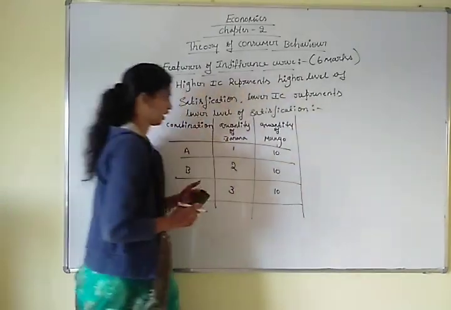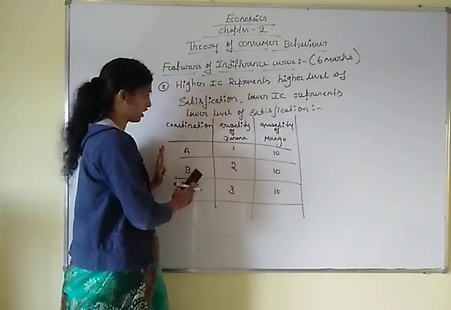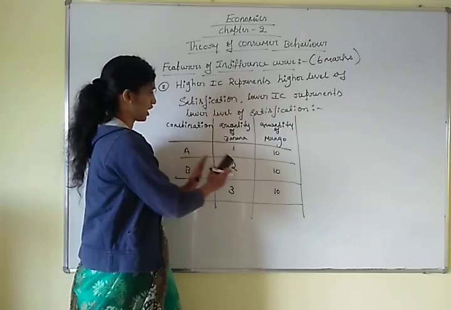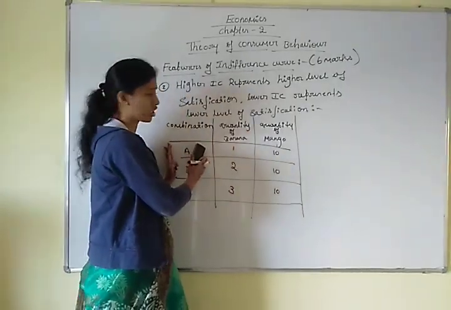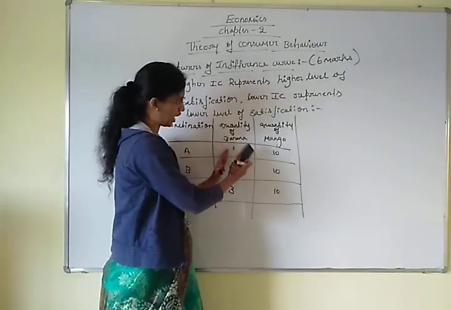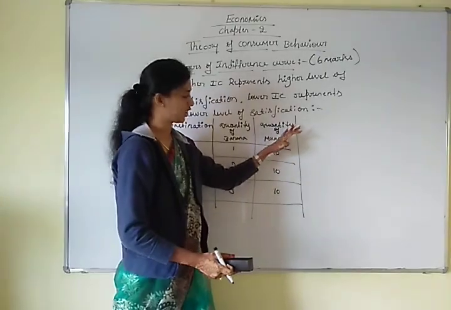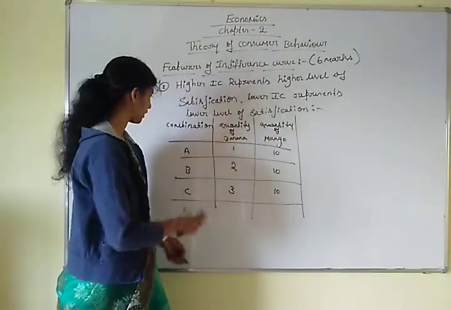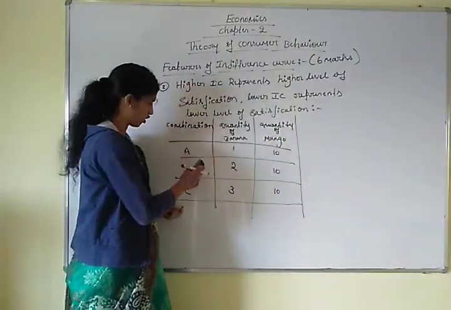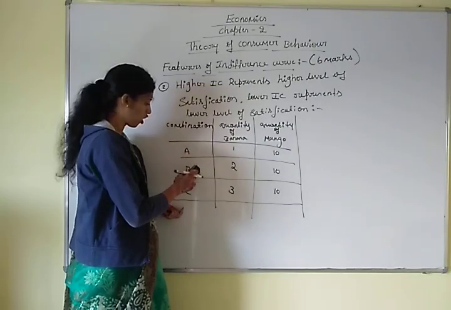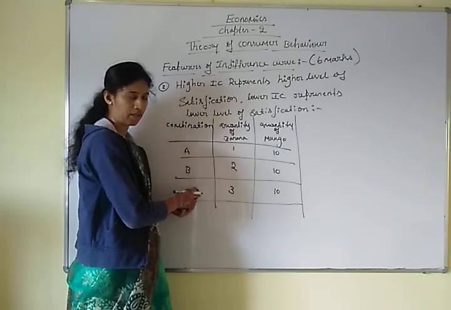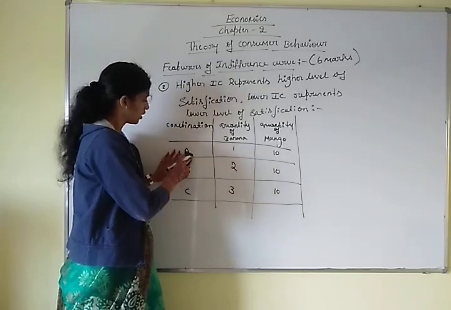Okay, listen carefully. It is imaginary table. The table shows there are three columns. First one combination, second one quantity of banana, in the third column quantity of mango. In the combination, there are three combinations: combination A, combination B, and combination C. Okay, listen carefully.